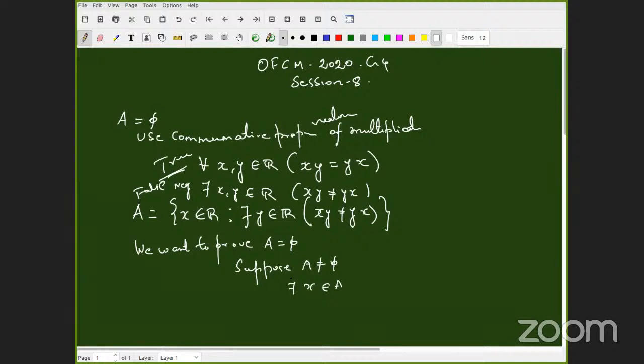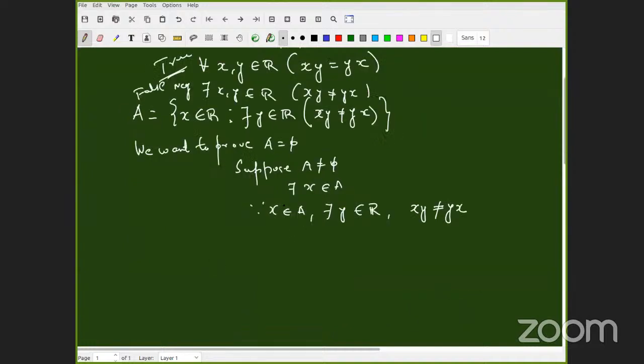Since X is in A, there exists Y in R with what property? X multiplied by Y is not equal to Y multiplied by X. That's all. Okay. Therefore, X in A means X is in R.